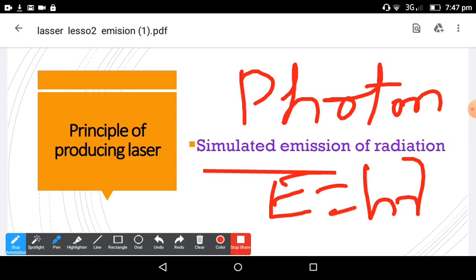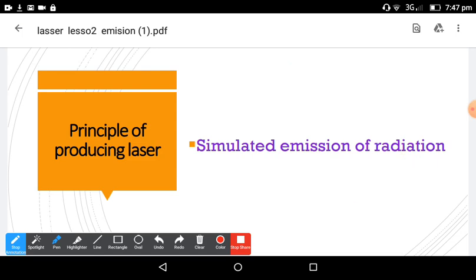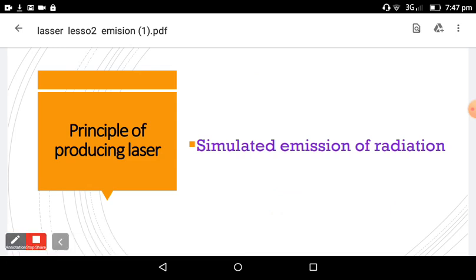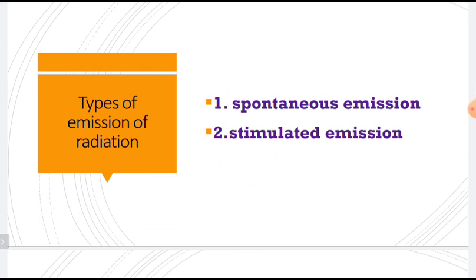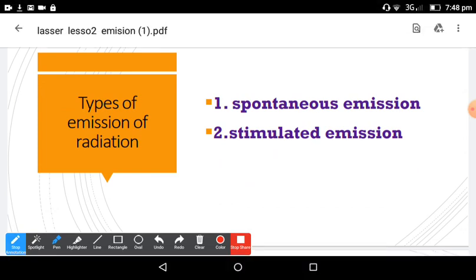Now, coming to our topic. There are two types of emissions, and we will discuss both today. Number one, spontaneous emission of radiation, which is emission of radiation by the atoms of the substance spontaneously, themselves, without any external force, without absorbing any external energy.